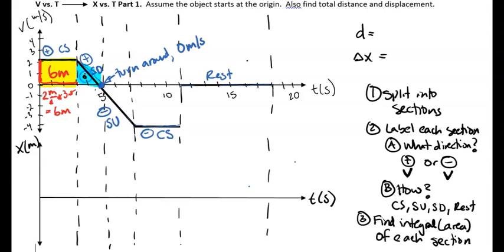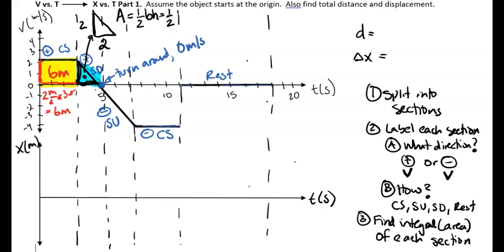Now this next one right here, we have a beautiful little triangle. The height of the triangle is 2, and for the base, we go from 3 to 5, so the base is 2. The area of a triangle is 1/2 base times height.